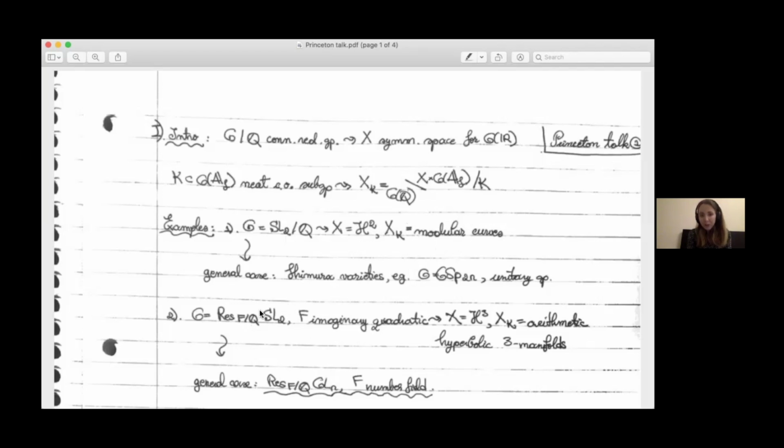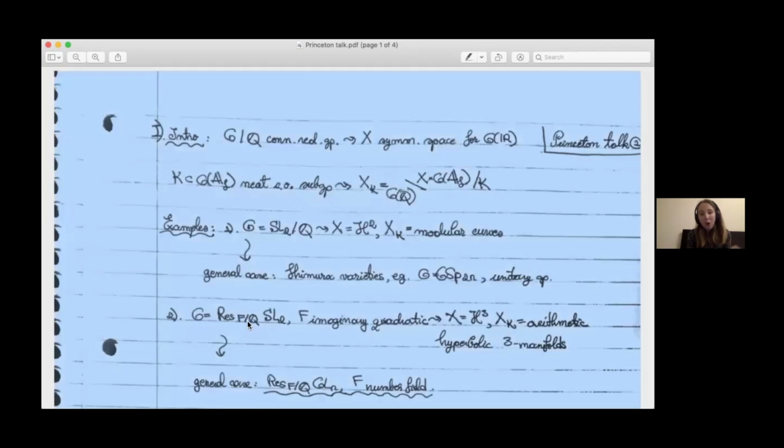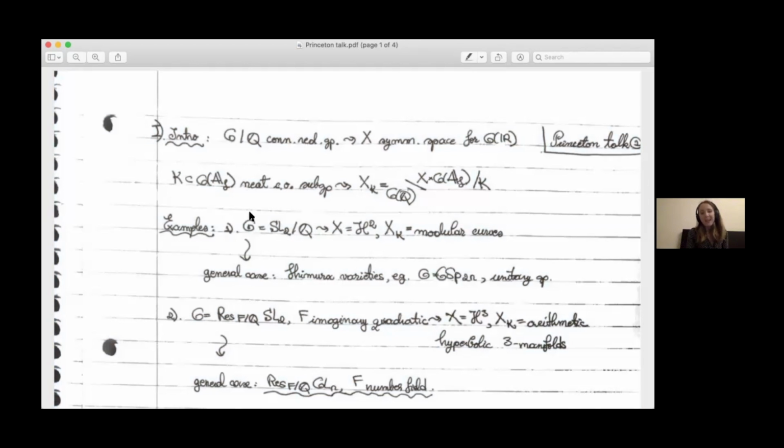And then another example that you should keep in mind is, say you try to increase the level of difficulty and you go to the restriction of scalars of SL2 from some imaginary quadratic field down to Q. So in other words, you want to think about SL2 over some extension of Q, such as an imaginary quadratic field.